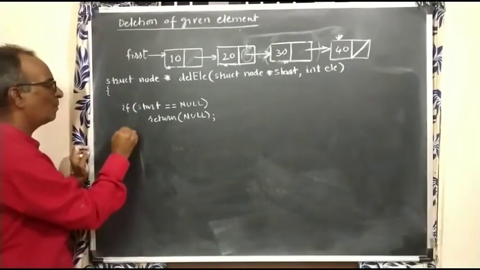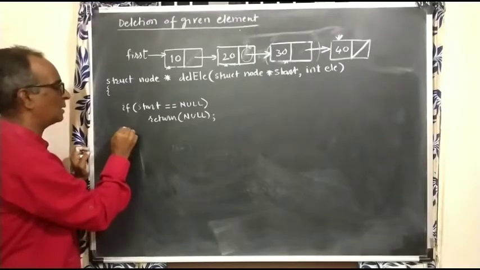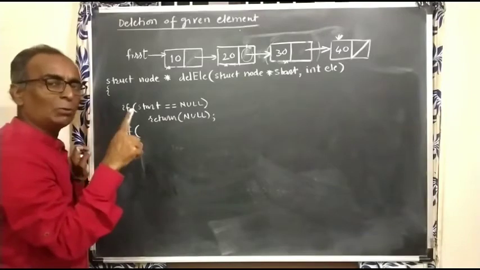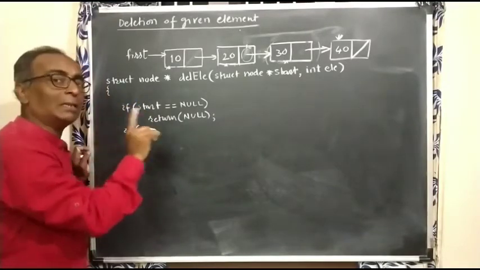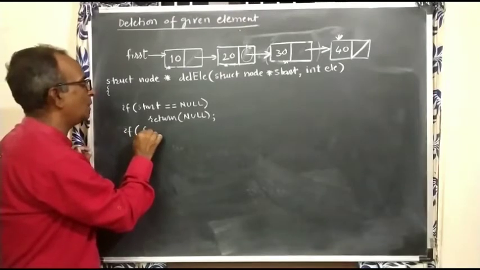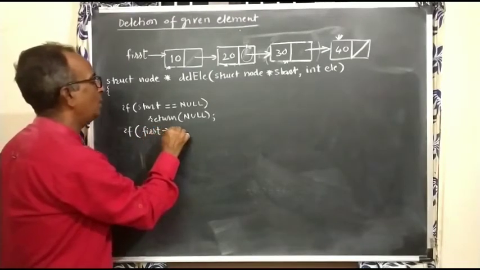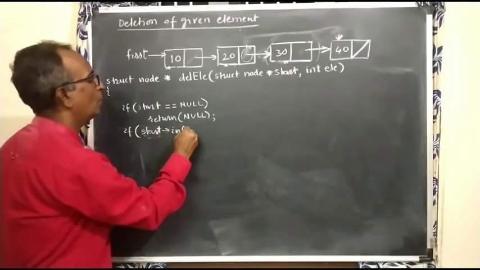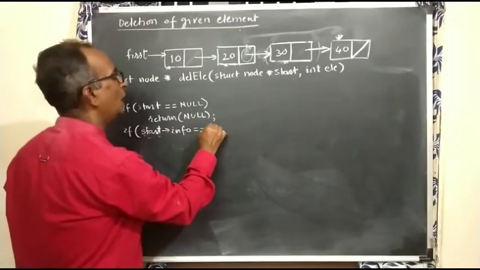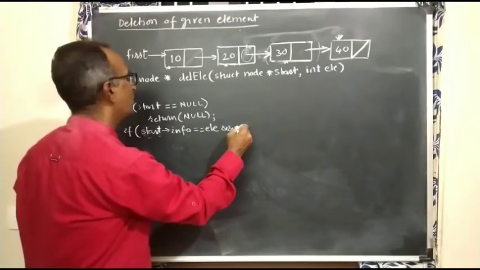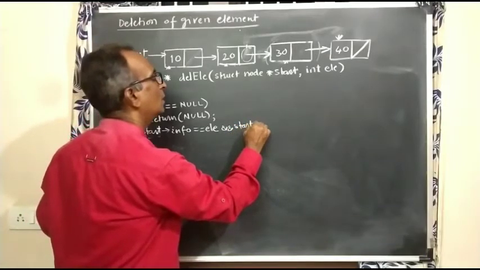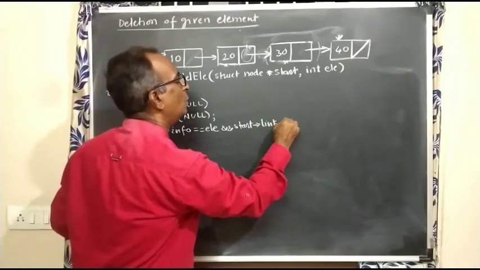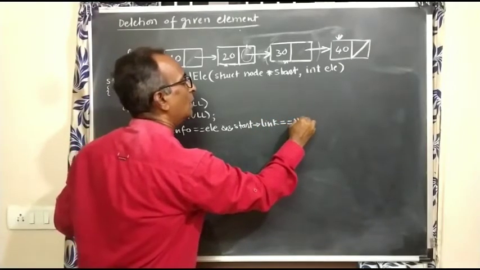This case is handled. If this is not the case, what is the second case we have seen? The list contains only one node and the element to be deleted is in that first node. What way have we checked that? If this start's info is equal to the element to be deleted and start link is null, if it contains only one node, right?